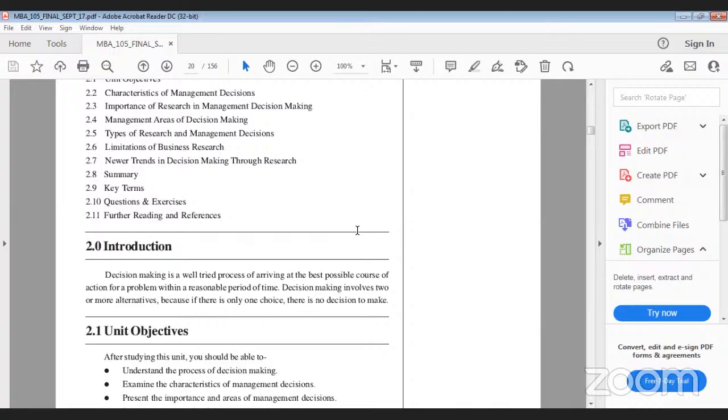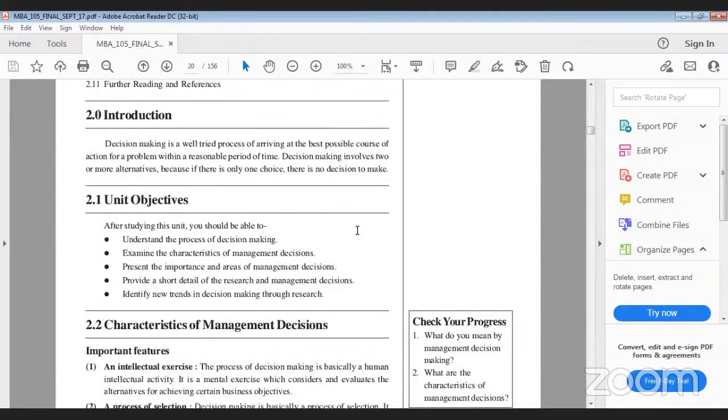Decision making involves two or more alternatives, because if there is only one choice, there is no decision to make. In this chapter, the main objective is decision making. The first objective is to understand the process of decision making and examine the characteristics of management decisions.